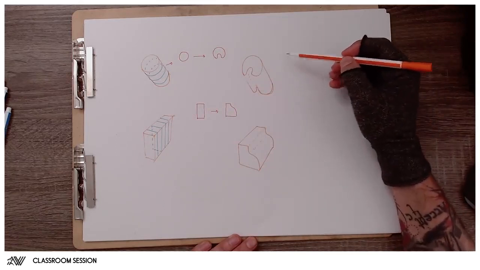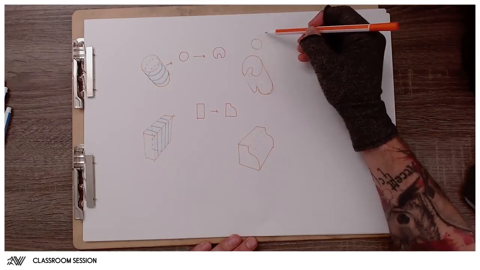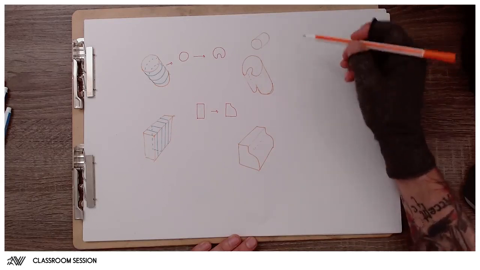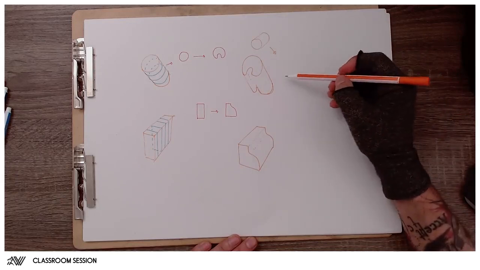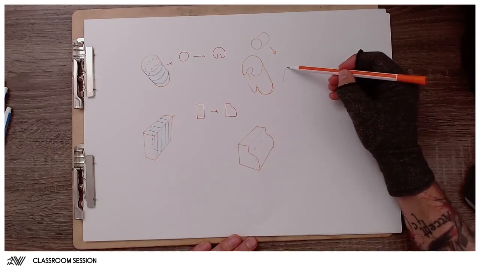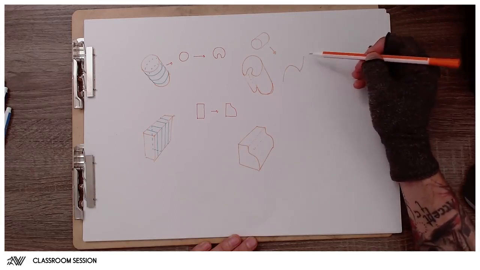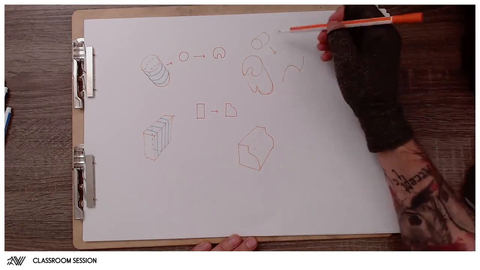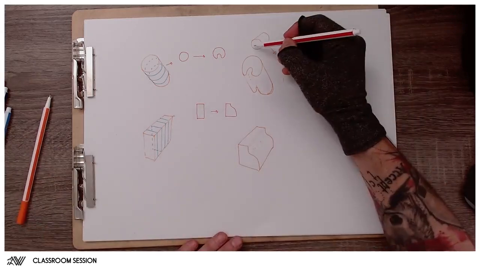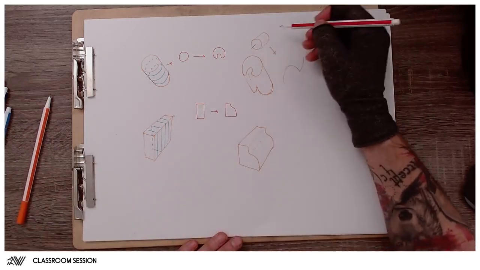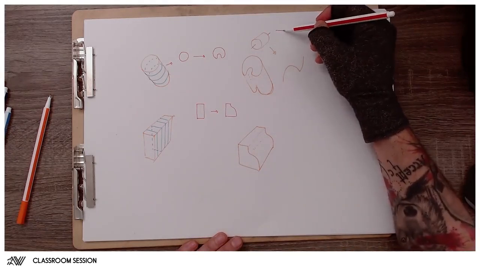So instead of it being just a cylinder in space like this, we're now manipulating it and bending it, like this, and even bending it backwards. And then it not only bends. If we look at the minor axis that runs through this, in profile it's just a straight line.